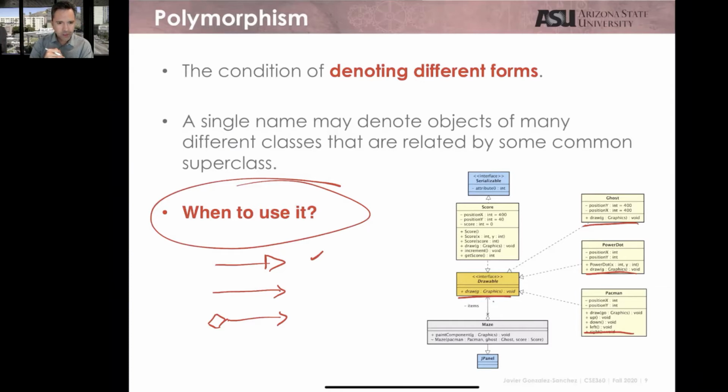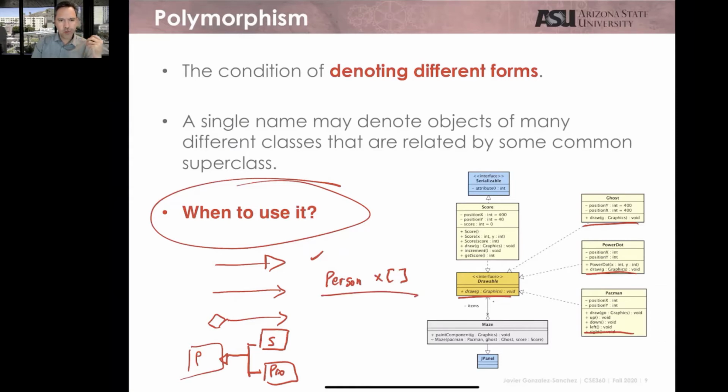In a data structure, if I do a data structure person, if I do an array of persons, but if I have a class person and I put childs to that class, student, professor, something that I can do is this array is not going to be only persons.